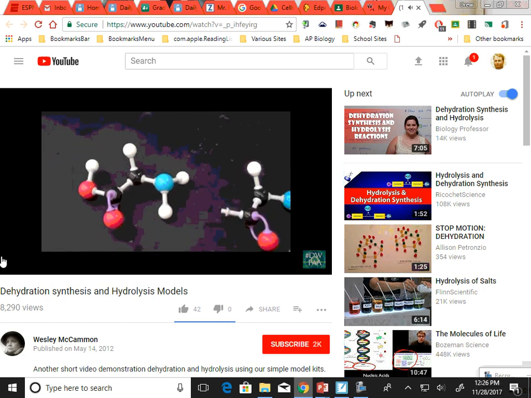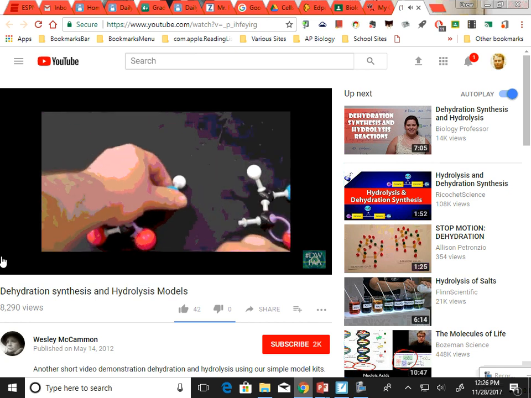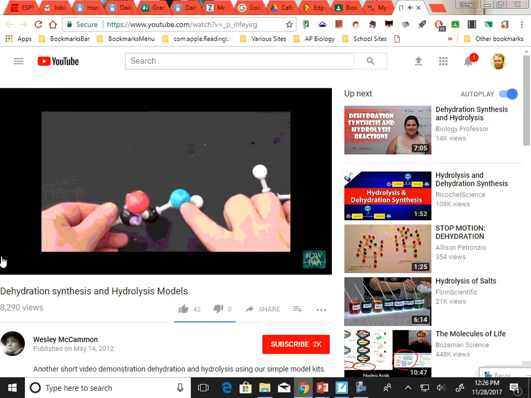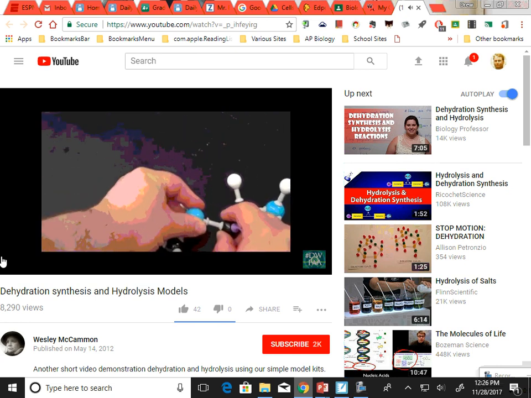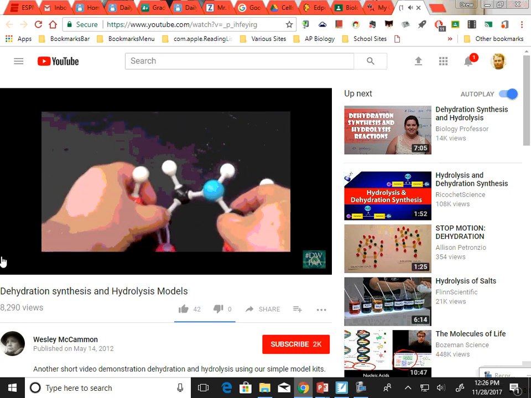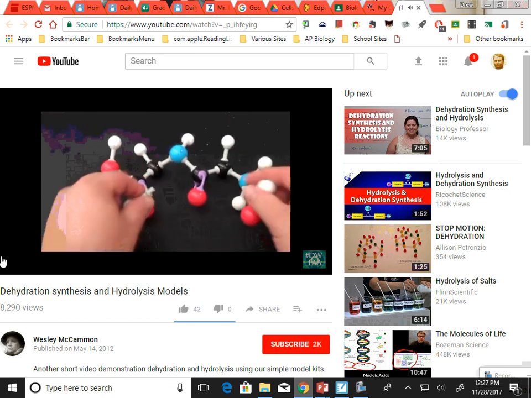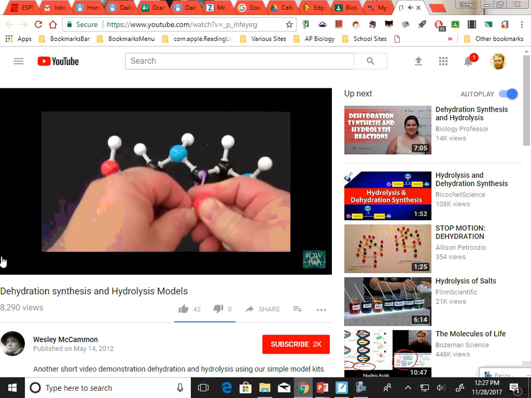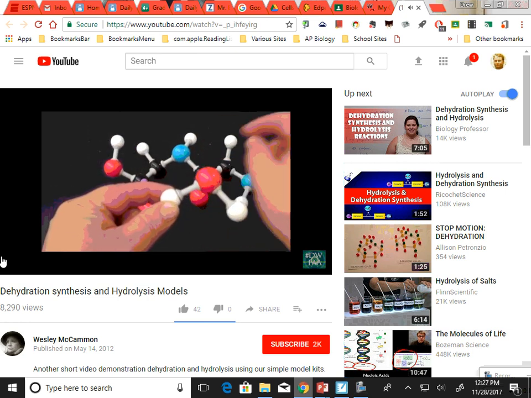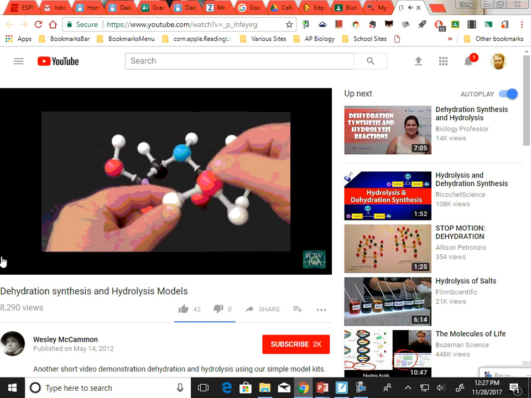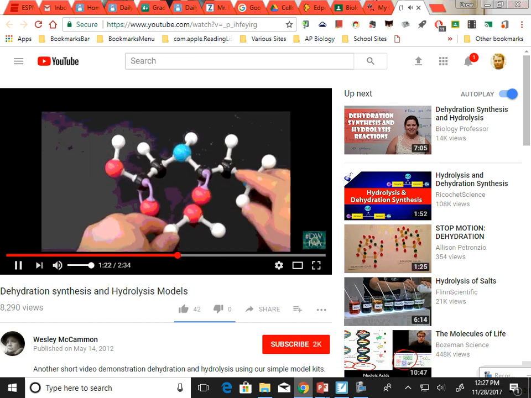And we're going to remove a hydrogen from the amine group. This gives us a spot here to attach and a bond there. So we're going to attach these two together at that point. And we have created, with the leftover H from the amine group and the OH from the carboxyl group, water.